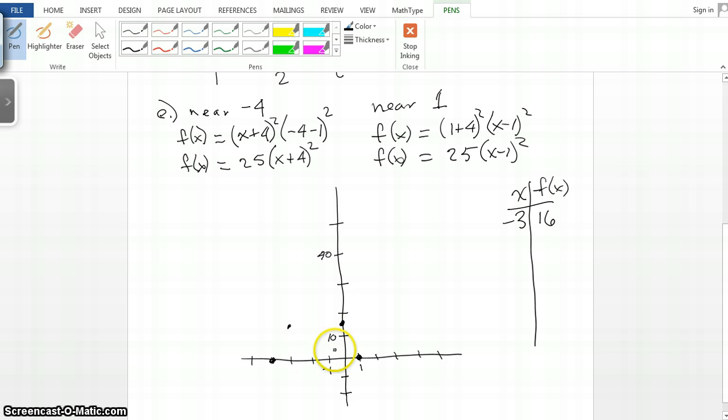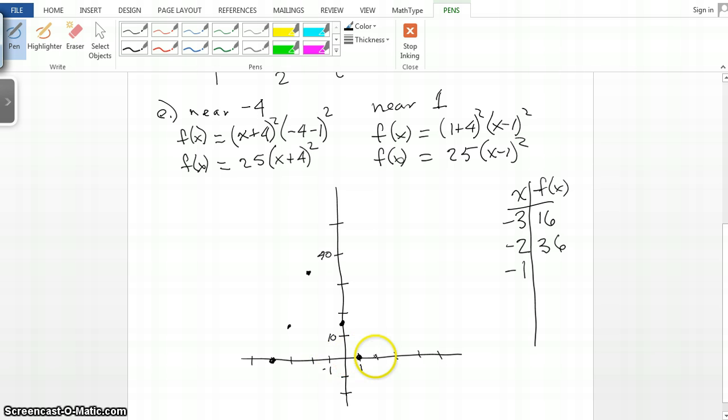Then let's also go ahead and plug, what is this, negative 2, just to see where that goes. If I plug negative 2 in, I should get a 36 out. So at negative 2, I'm up here at 36, around there. Actually, if you plug the negative 1 in also, you also get 36. Yep, just like that.